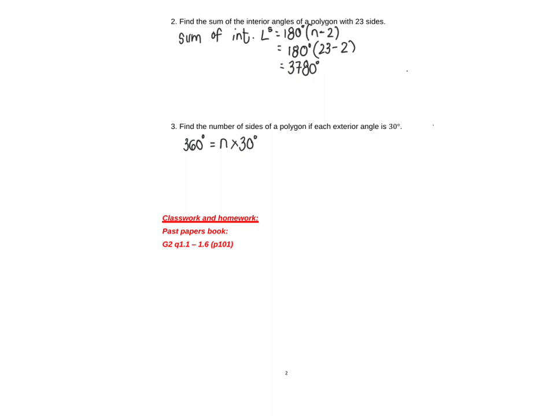That's just the setup, but we can rewrite it as 30 degrees times n, 30n. If we divide by 30 degrees on each side, we isolate n, and n is equal to 12. So there are 12 sides.